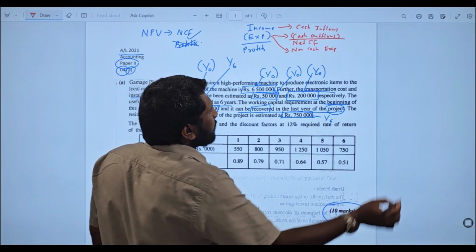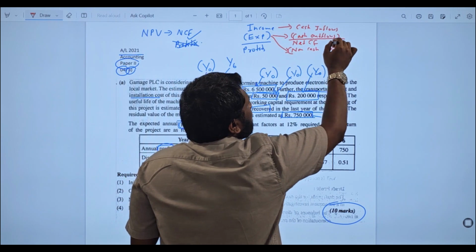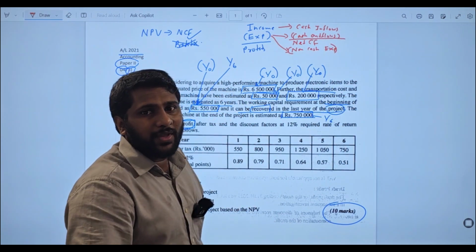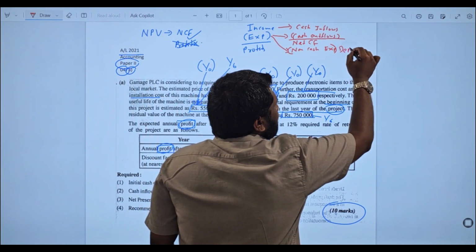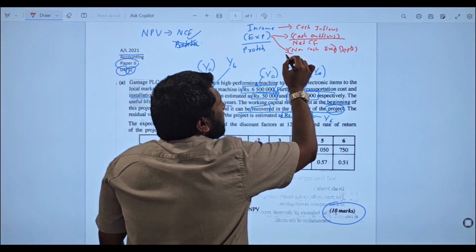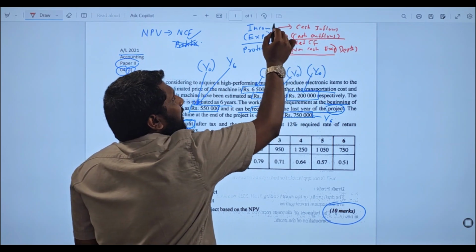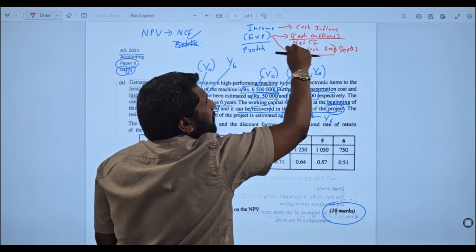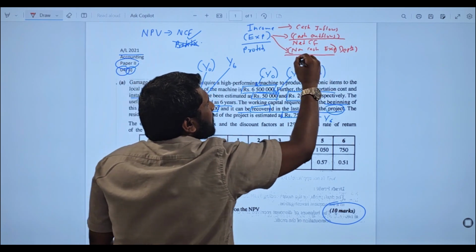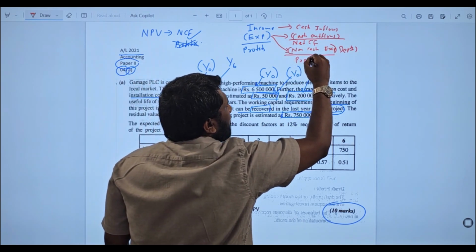From the net cash flows, if you deduct the non-cash expense, the most famous example being depreciation, then what do you get? From your income, we have now deducted the cash expense and the non-cash expense, and you get your profits.